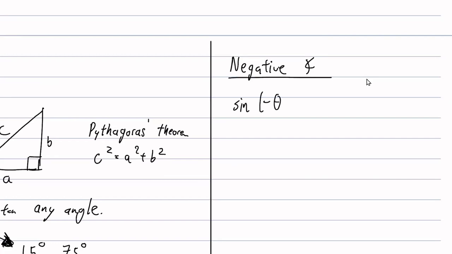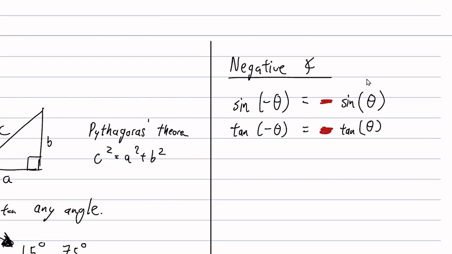Sine of negative theta, tangent of negative theta is equal to sine of theta, tangent of theta, but with a minus sign outside. Did you know this?